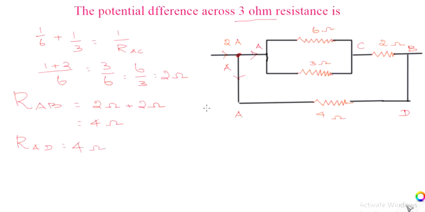That means here current enters and here current enters. Here is one branch and here is another branch. Therefore, there are 2 resistances, 4 ohm here and 4 ohm here.